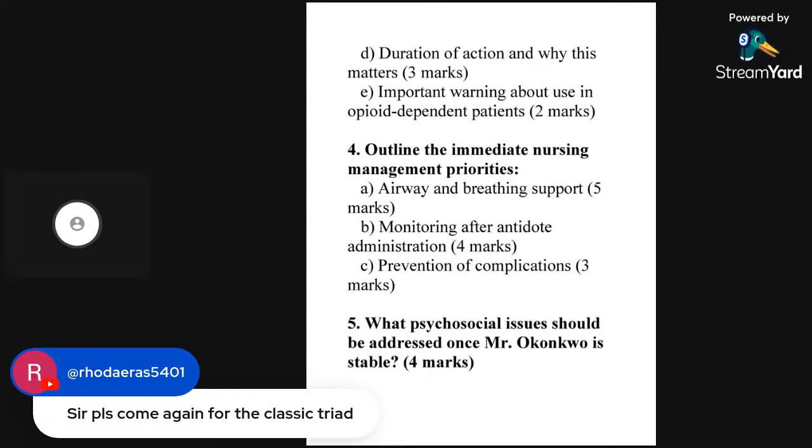What I'm going to assure you is that no case study you're going to see in your exam is new. All the case studies that I'm going to set, you're going to see them.